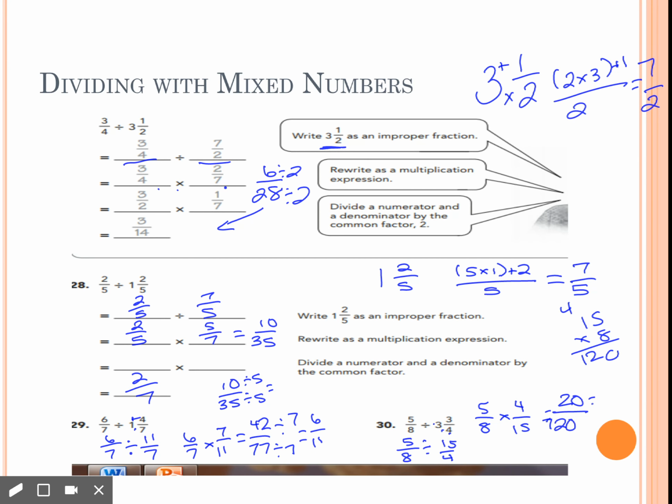So I can divide both by 20 here. And I will get 1/6.